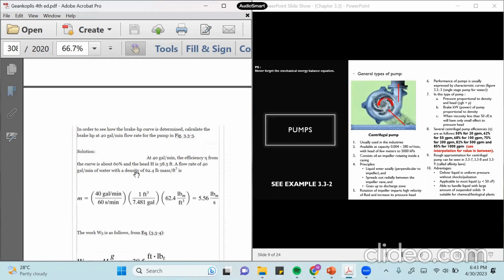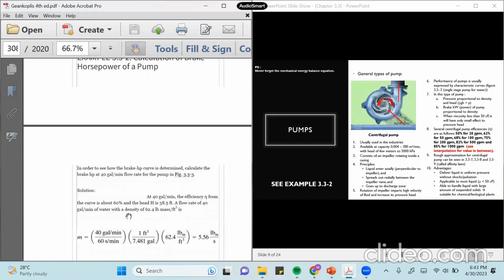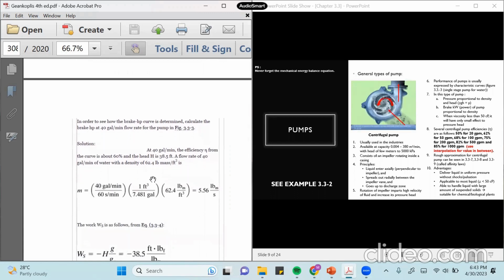For the water, they use the common density, 62.4 pound mass per cubic feet. By inputting the gallons and the density, and then some unit conversion, we can get the mass flow rate.